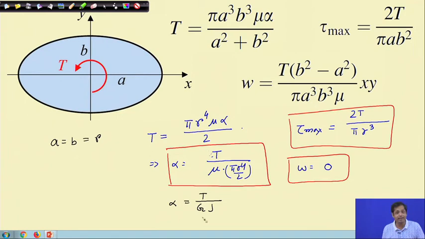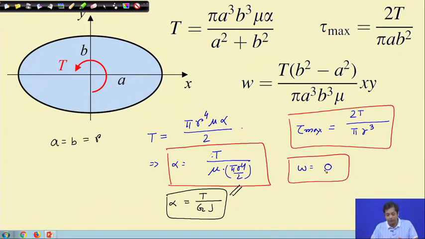J is the polar moment of inertia, which for a circular section is pi r to the power 4 by 2. So this expression and that expression are the same. Similarly, this is the expression we had for tau max in the case of a circular section, and for a circular section W is equal to 0, there is no warping, there is no out of plane displacement.